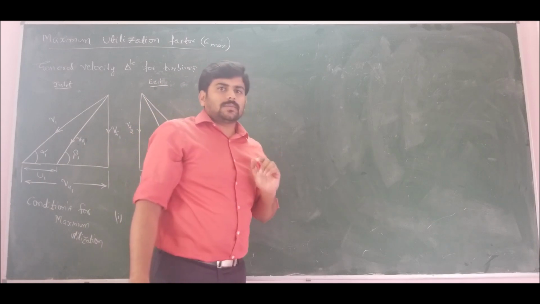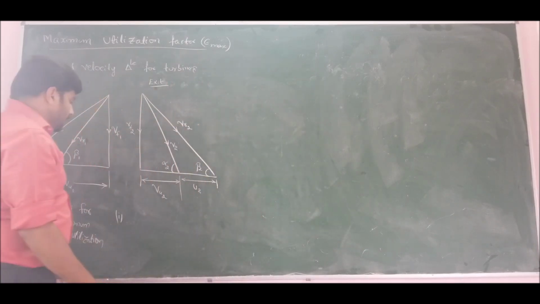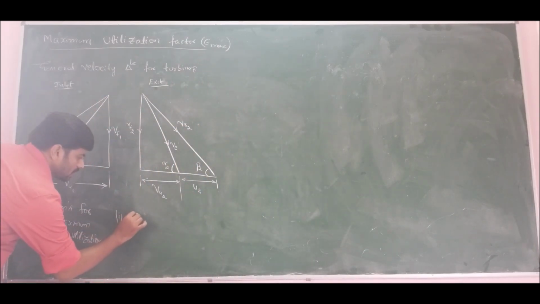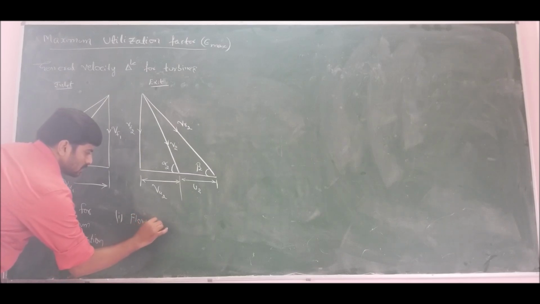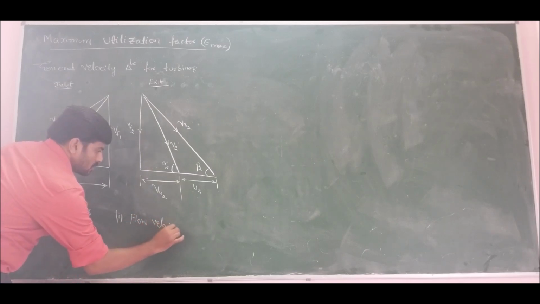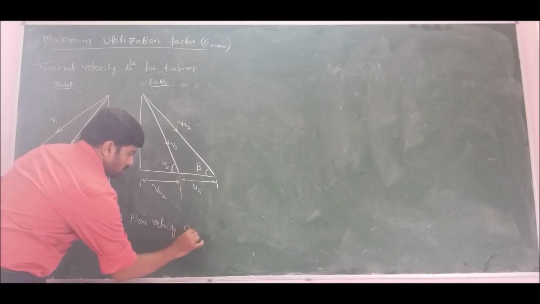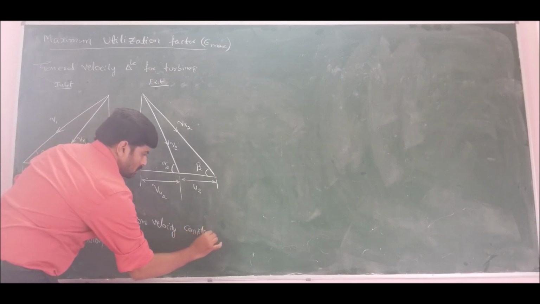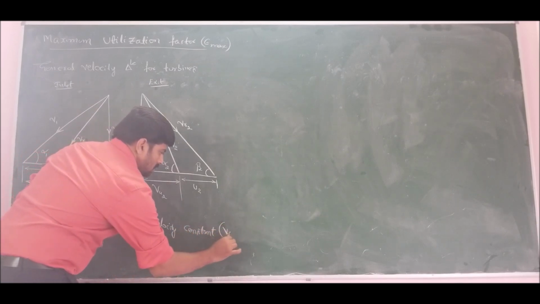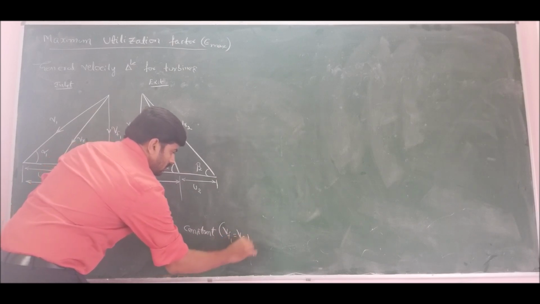This is the first condition to be satisfied for utilization to be maximum. The flow velocity should be constant, that is, Vf1 must be equal to Vf2.